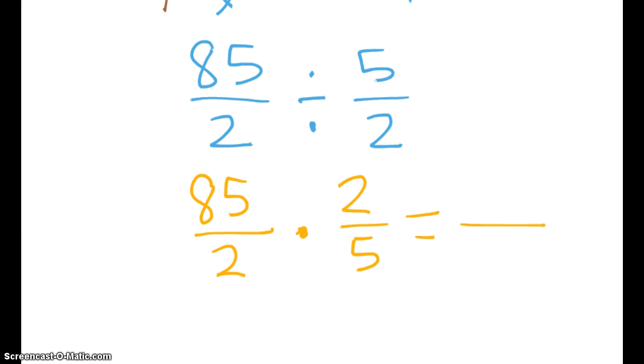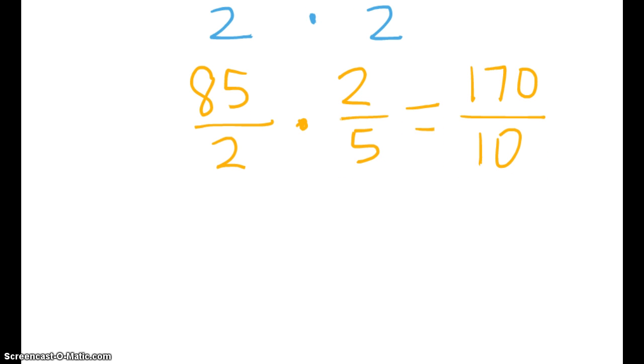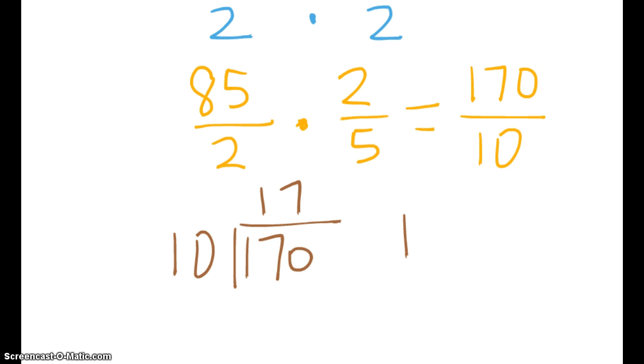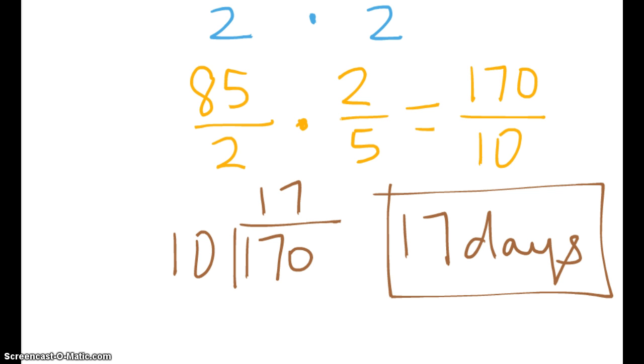So I know that 5 times 2 is 10, and 85 times 2 is 170. Then when I divide 170 by 10, I get 17. So 17 days, that whole bag will last me 17 days.